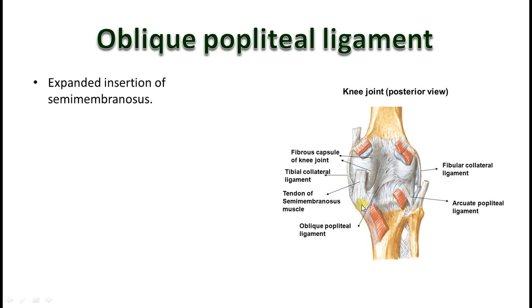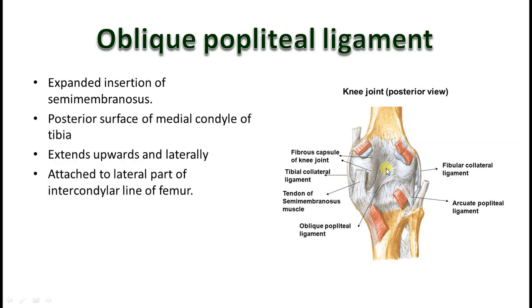From there, posteriorly it extends upwards and laterally as the oblique popliteal ligament. From the posterior surface of the medial condyle, it goes to the lateral part of the intercondylar area of the femur.